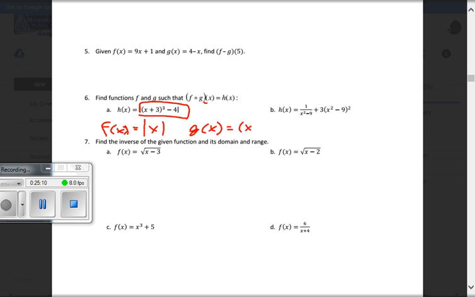Yeah, x plus 3 cubed minus 4. So then really all you have to do is check yourself, kind of like factoring. You can always multiply it out and check if it worked. You take this, you stick it in there, and would that equal this? And the answer is yes. All right, that's decomp.